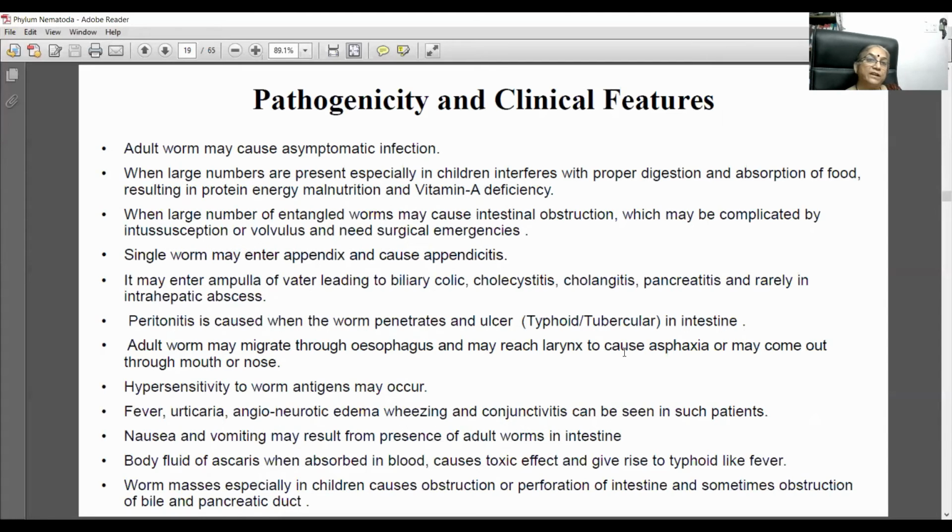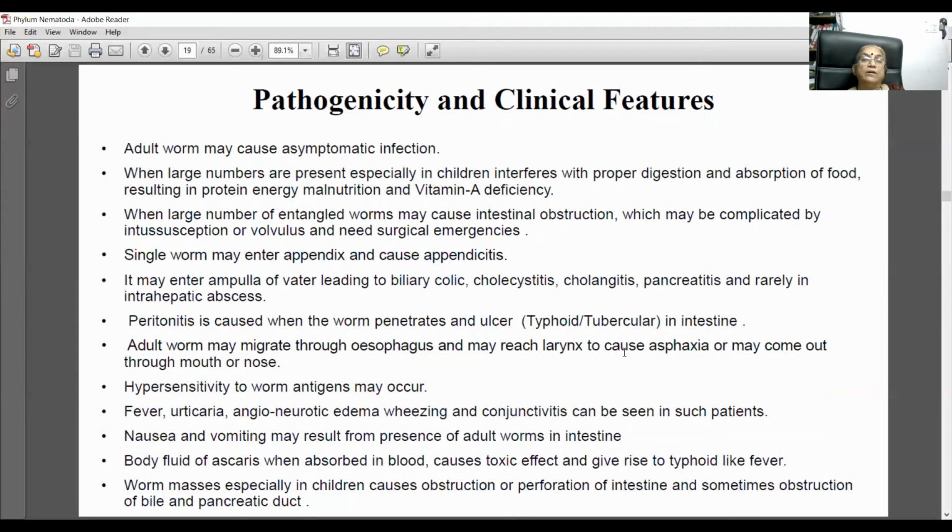The infection with adult worms may cause a symptomatic infection. When large numbers are present, especially in children, they interfere with the proper digestion and absorption of food. This results in protein energy malnutrition and vitamin A deficiency. As you all know, absorption of nutrients takes place in the small intestine from the epithelium.